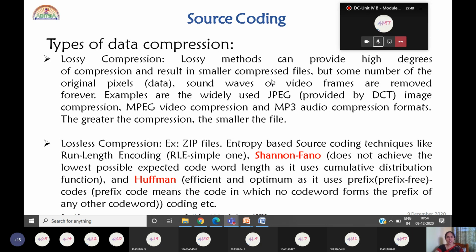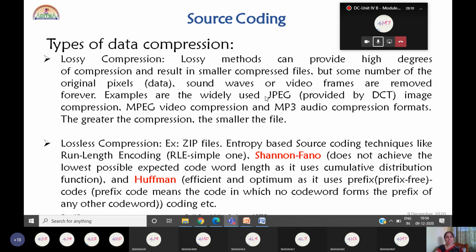So by removing some of the data during the encoding process, these lossy methods can provide higher degrees of compression. Well and good. So the compression rate is high in lossy compression, but the information is lost. So efficiency will be reduced in the case of lossy compression. Lossy compression can provide a higher compression rate, but with lesser efficiency because information is lost here.